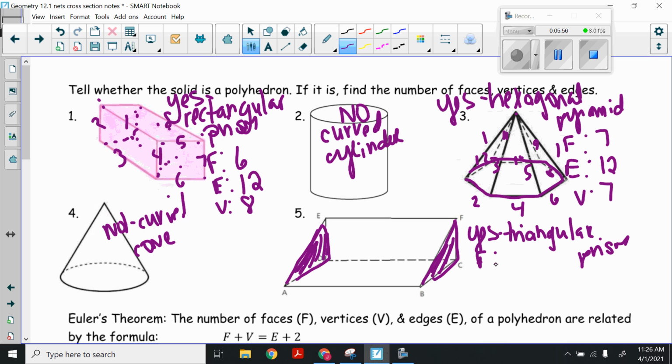So we're going to do faces, edges, and vertices. So our faces, we have 1, 2, 3, 4, and then backside 5. So we have 5 faces. Edges, so 1, 2, 3, 4, 5, 6, 7, 8, and 9. And vertices, 1, 2, 3, 4, 5, 6 vertices.